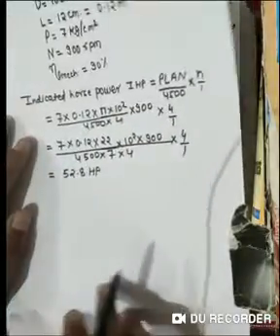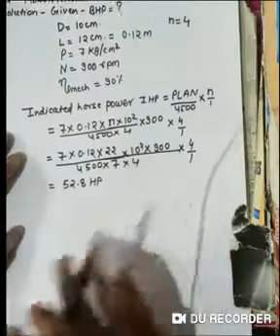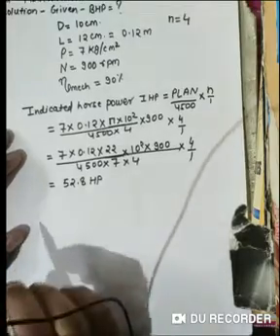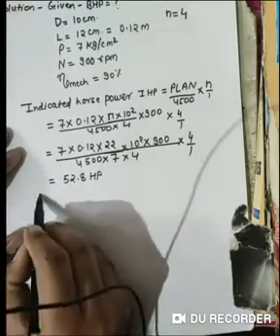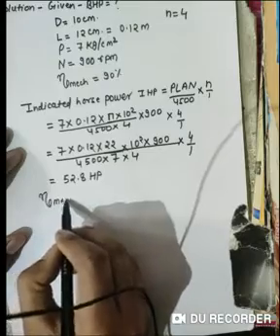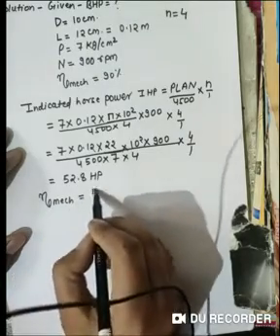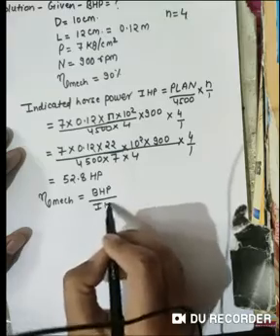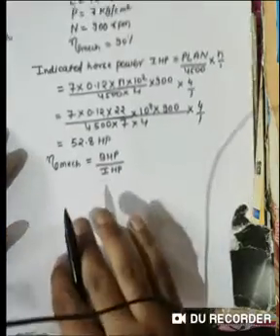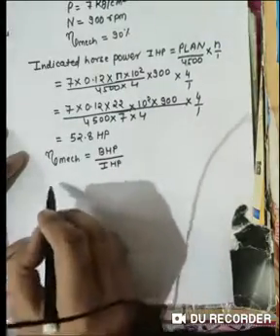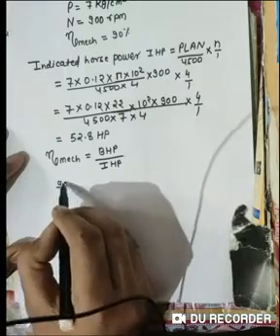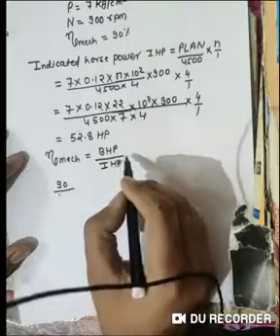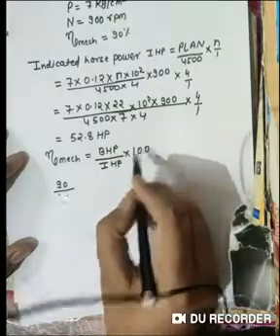Then we have to calculate the brake horsepower. So we know the formula of mechanical efficiency: eta mechanical is equal to bhp upon ihp. Okay, so mechanical efficiency is 90%. So 90, it is multiplied by 100.